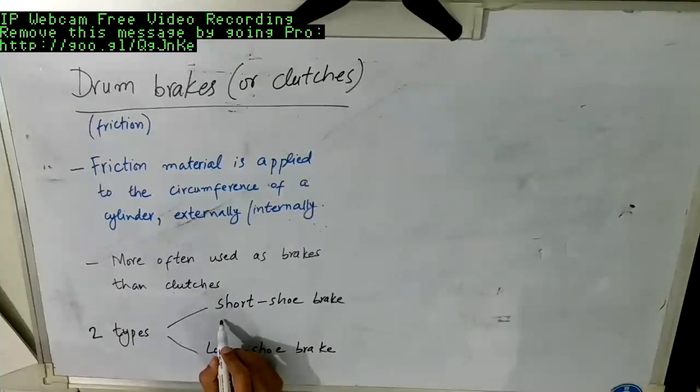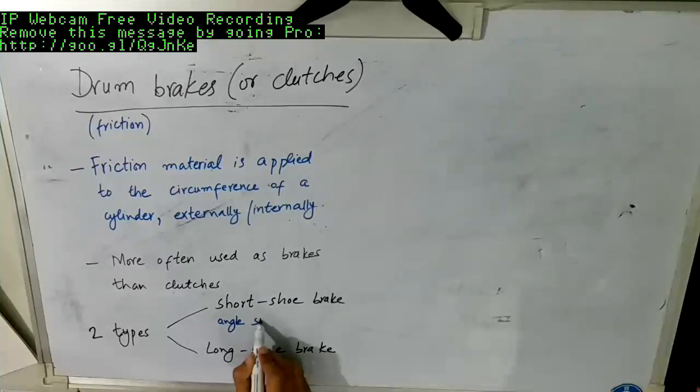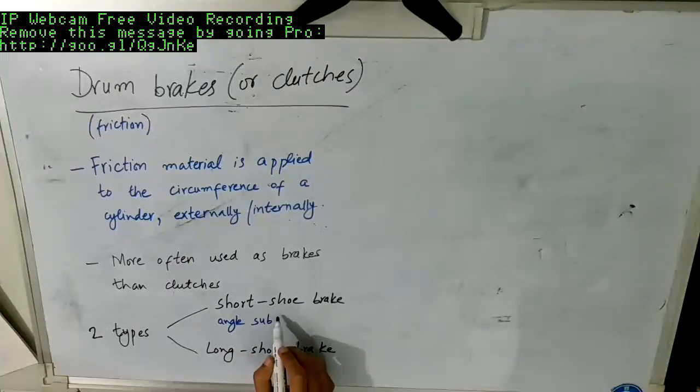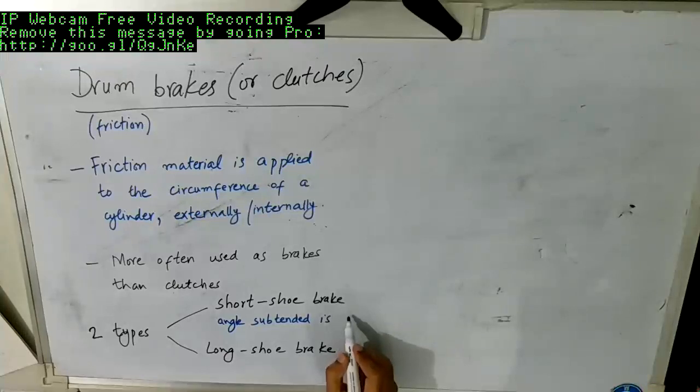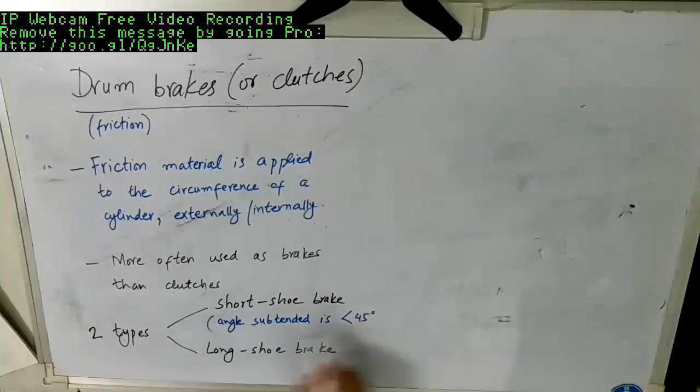If the angle subtended is less than 45 degrees, then it is called a short shoe brake. And if the angle subtended is obviously greater than 45, then it will be a long shoe brake.